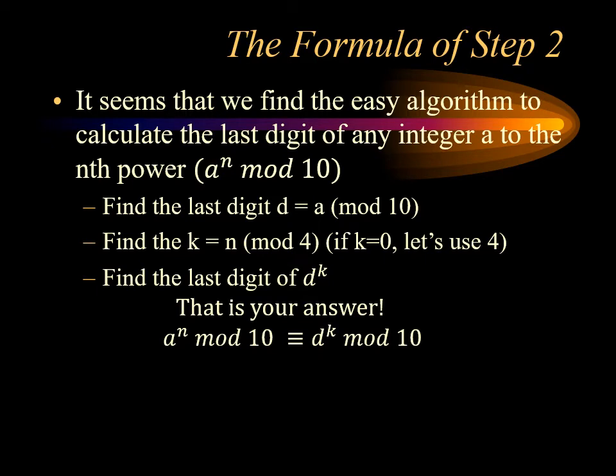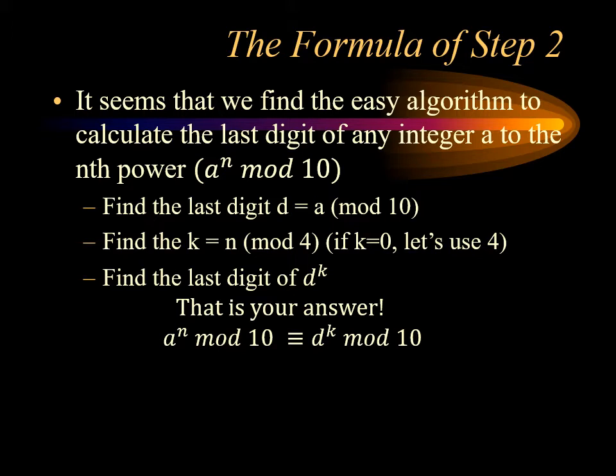So let's look at the formula for step 2, which is to find out the cycles. What we already see is a general form of solving this type of GMAT problem, finding the last digit of any power.